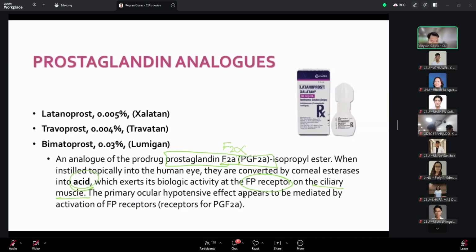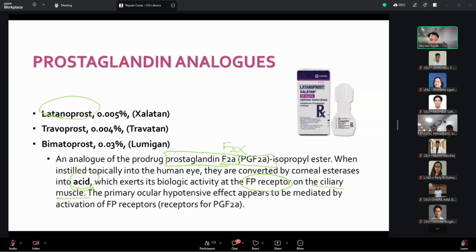So, they are prodrugs. That's why they have a good bioavailability when administered topically. So, sino-sino sila? The first one that we have here is latanoprost. Latanoprost is the most popular among the prostaglandin analogs. The brand is Xalatan.